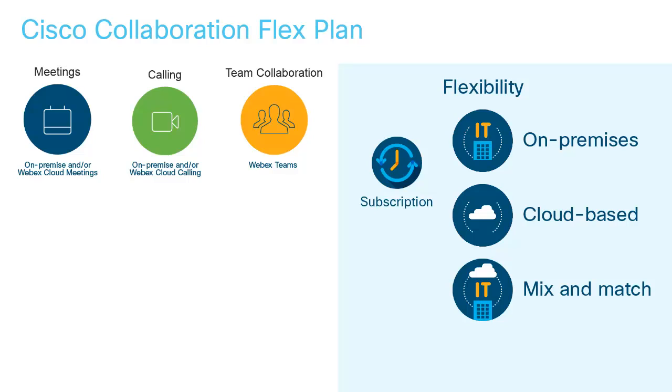Flexibility is a key part of the value proposition. Collaboration services are delivered via subscription, and this subscription enables the customer to maintain their on-premises collaboration capabilities while they map their transition to the cloud in a time frame appropriate to them.